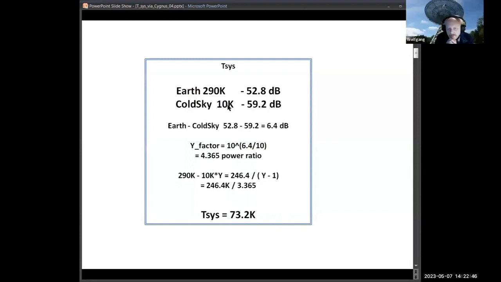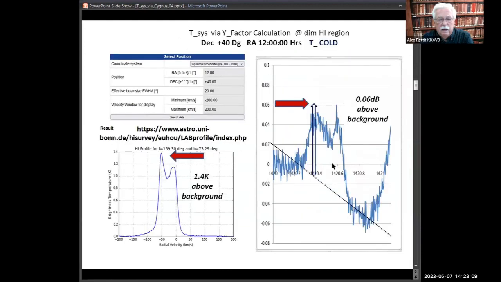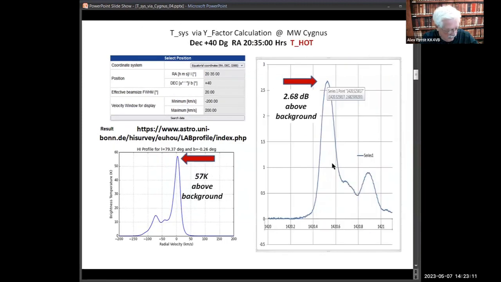If you're looking at the cold sky at a location close to the celestial pole, there's a safe assumption that it is 10K. But if you go to a different position, like in the galactic plane, it is no longer 10K as the background. Okay, well, I have a record of that, and I took logs.